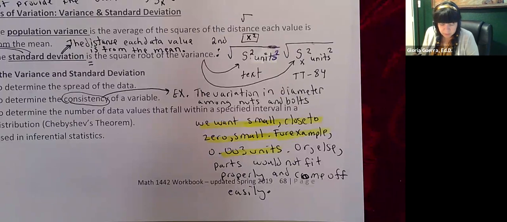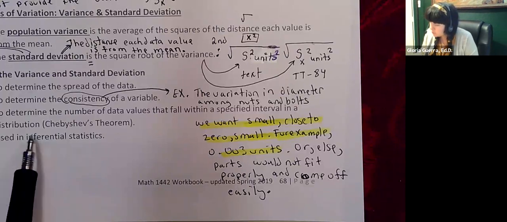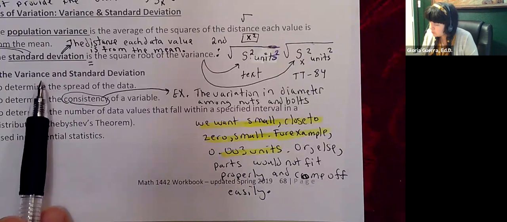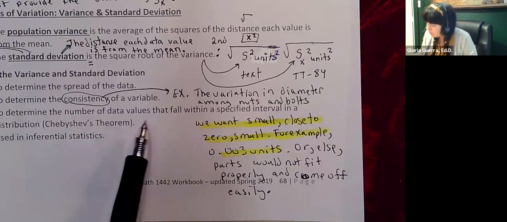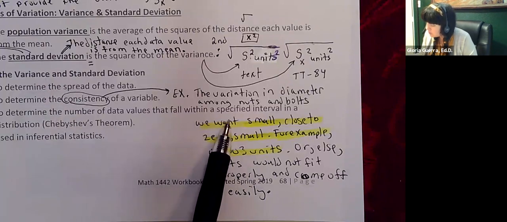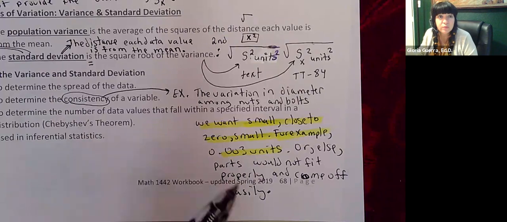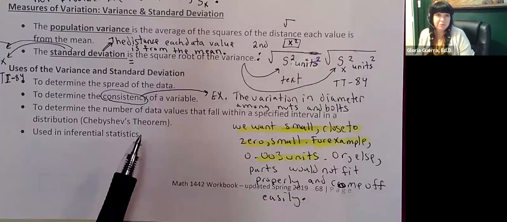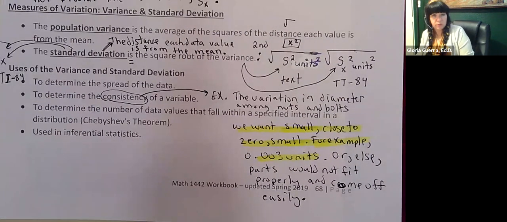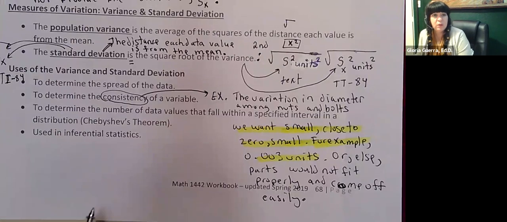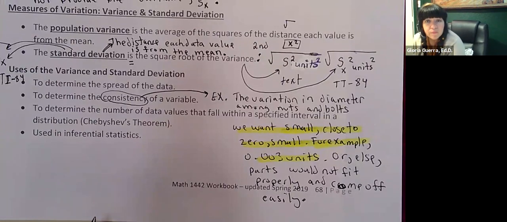Also, the reason for computing these would be to determine the number of data values that fall within a specified interval in a distribution. We're going to do a Chebyshev problem in this section, which is kind of what we're doing, determining the number of data values that fall within a specified interval in a distribution.